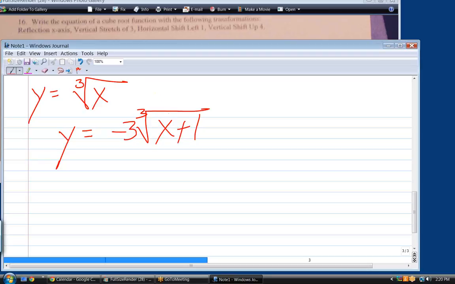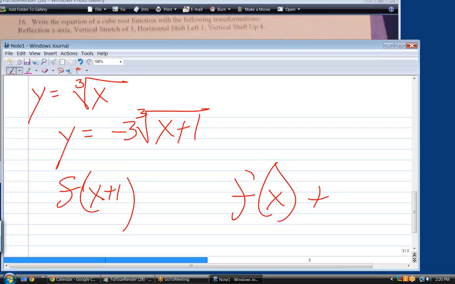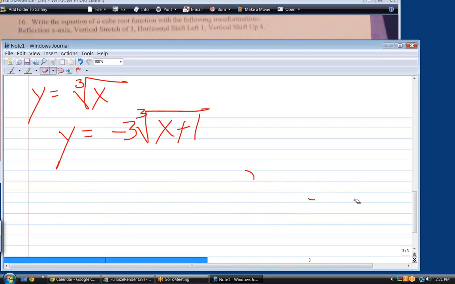And it's inside the function. In other words, this is f of x plus 1, as opposed to f of x minus 1. See the difference? Yeah. This is kind of an important distinction on these, although you seem to be pretty good with these, so I don't want to confuse the issue.